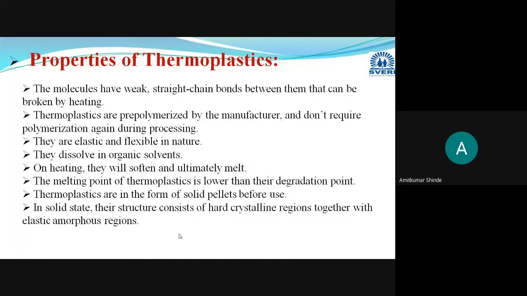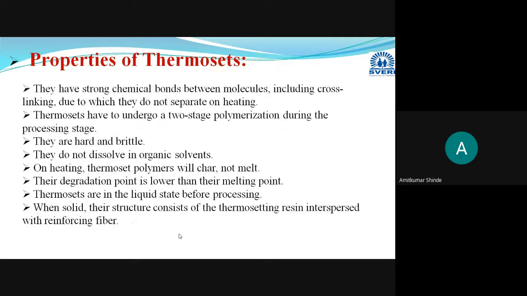So these are some basic characteristics or properties. At least three, four properties you have to remember, and you will be able to write them. Just try to understand the structure. Depending on that structure, you can write here. Then depending on the structure, the properties of thermosets are written here. Exactly the reverse properties will be here.